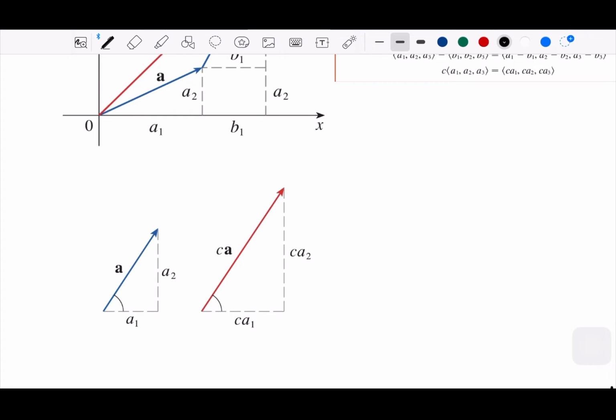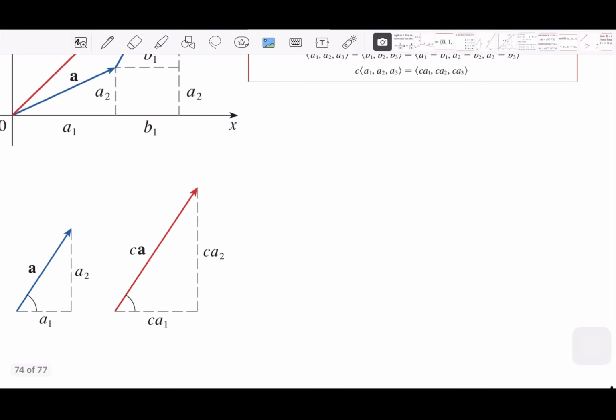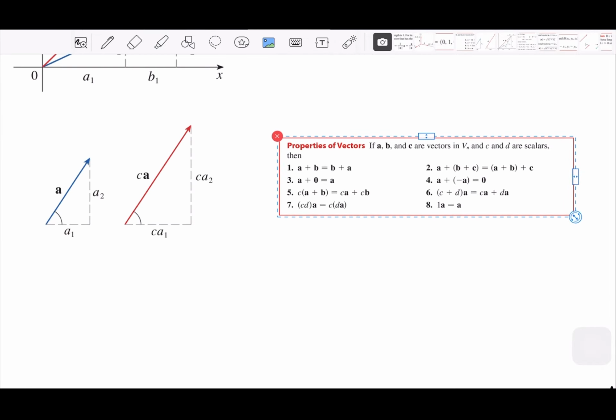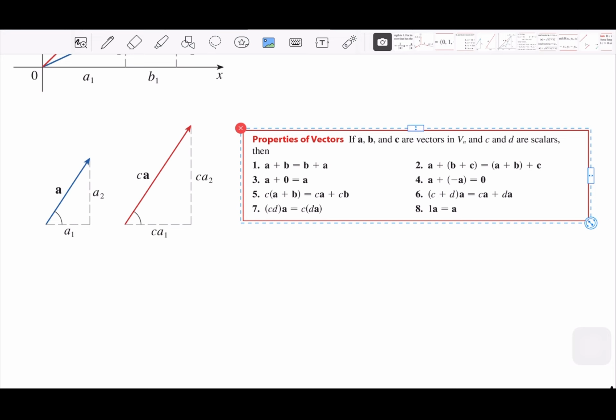And from those descriptions we can have these properties of vectors: how we add, how we multiply with a scalar, and how we multiply with another constant or value.